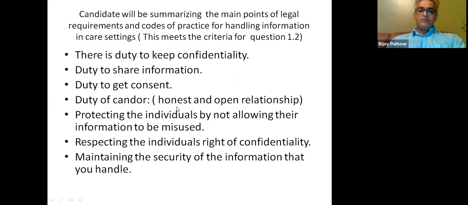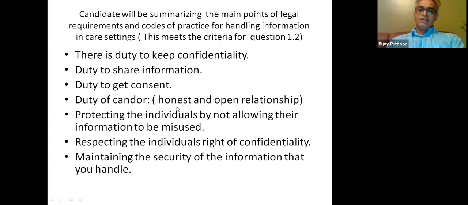So you should protect the person to make sure that if there is a possibility of an individual's information going to be misused, you have to inform the appropriate authorities, including your management, immediately, so that that will not happen. And you should take all actions that are possible to make sure that it will not end up in the hands of people who could potentially misuse it.